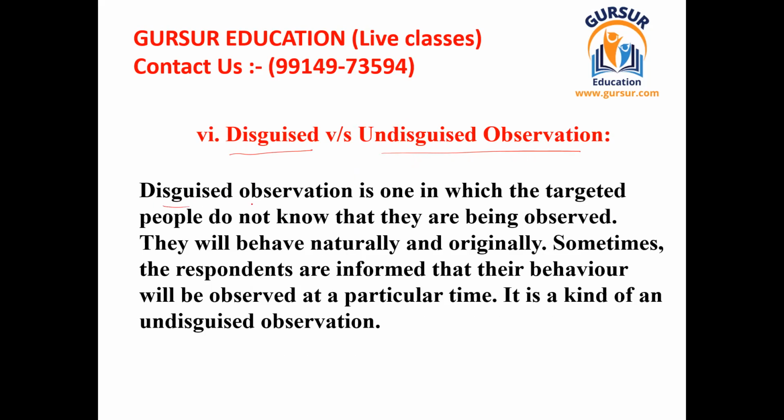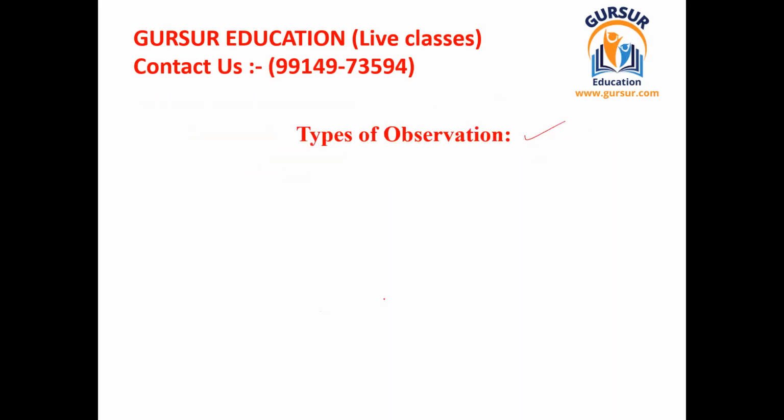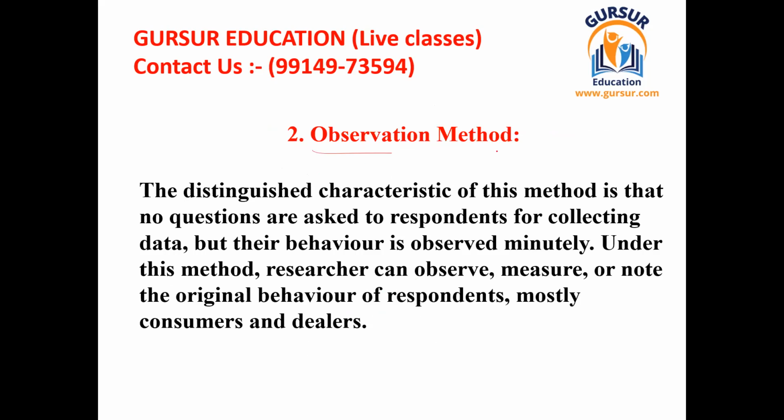So disguised observation is one in which target people do not know that they are being observed. This is very simple. Sometimes the respondents are already informed that they are being followed. This is undisguised observation. So this is about all we have to study about the observation method. I'm again recalling everything about the observation method.